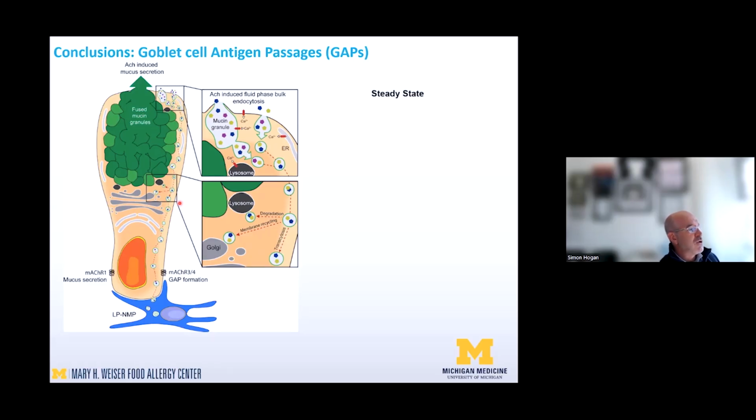It is also able to passage the antigen to various compartments of the cell, the lysosome, potentially the Golgi, and the mechanism that we were interested in, the transcytosis of antigen to underlying immune cells in the basolateral compartment.